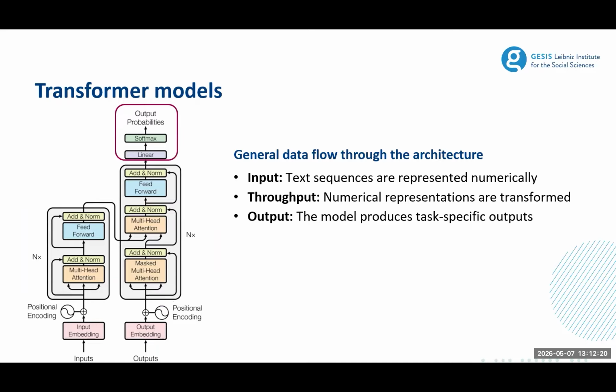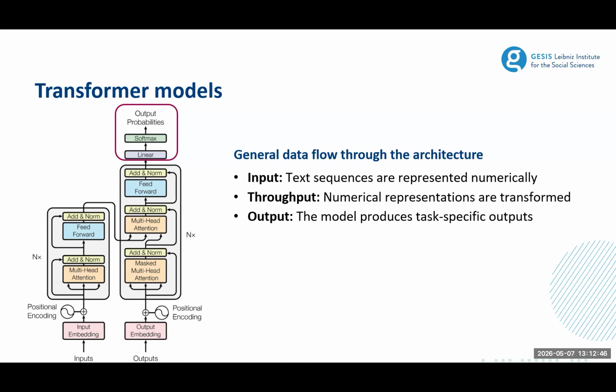In the output, the model produces something that is specific to our task. For example, if you're thinking about open-ended survey question coding, imagine you have a schema of, let's say, 10 categories that you want to assign.